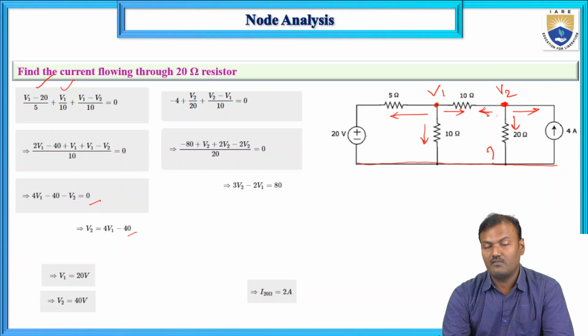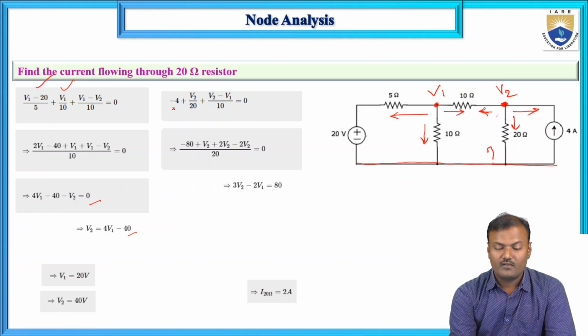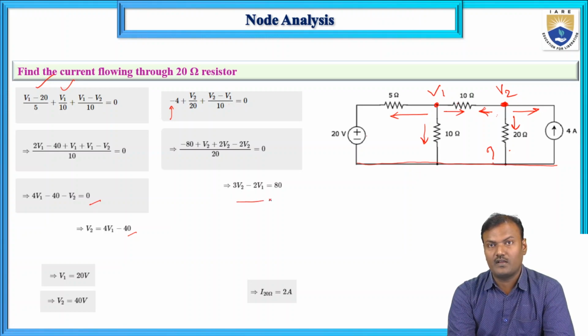Three currents are leaving from this node. So the actual direction and assumed direction are opposite, so it is written with a negative sign, minus 4, plus V2 divided by 20 and (V2 minus V1) divided by 10. Simplifying this, we obtain 3V2 minus V1 is equal to 80.